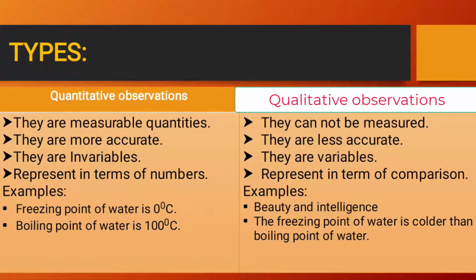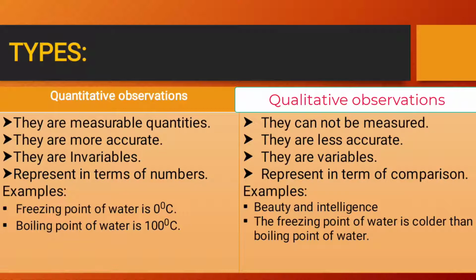Now, types of observations. Students, observations are of two types. The first one is quantitative observations. Second one is qualitative observations. Quantitative observations are measurable quantities, while qualitative observations cannot be measured.